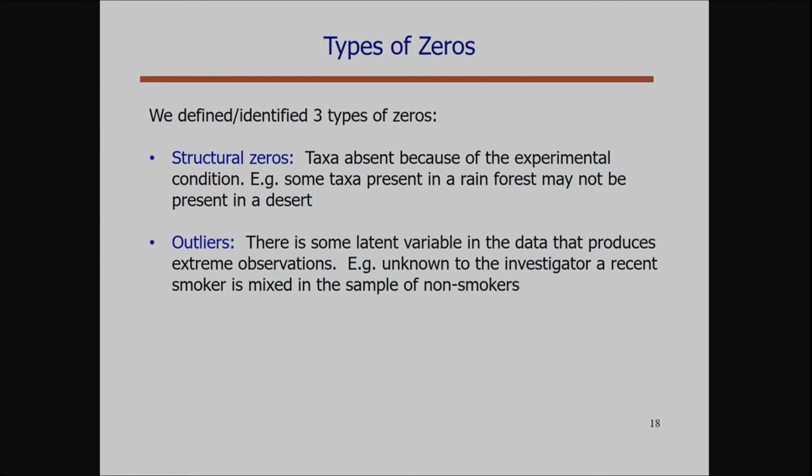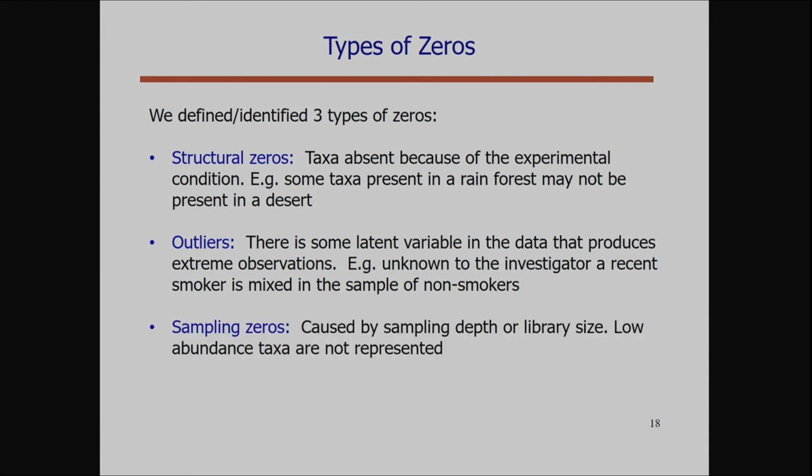So they may induce some zeros in the data. So there could be some outliers in the data which could produce this. And the third would be the sampling zeros, which are likely a consequence of the library size. If the sequencing was not deep enough, you didn't observe some rare taxa.